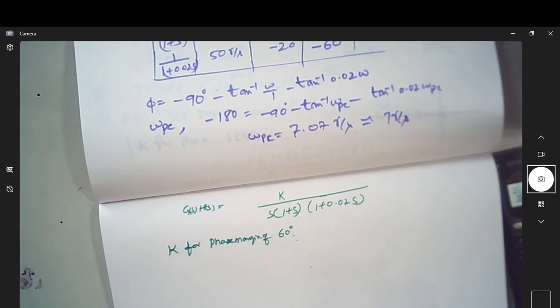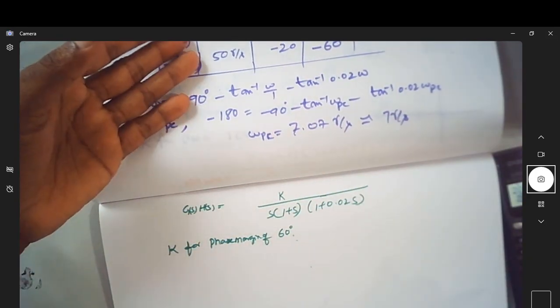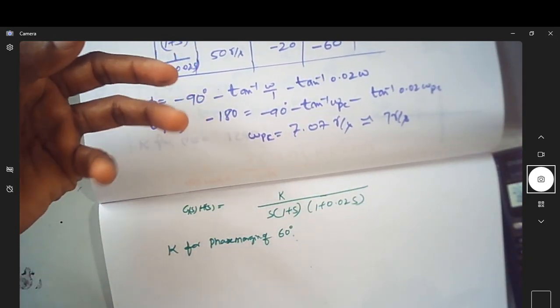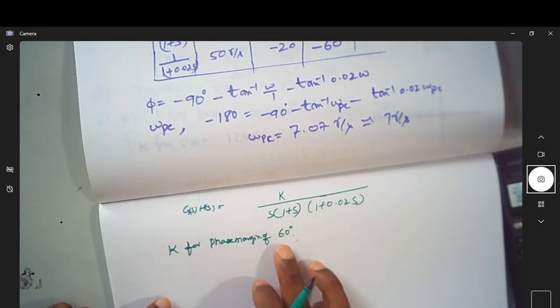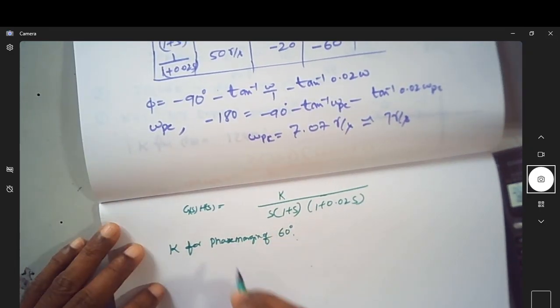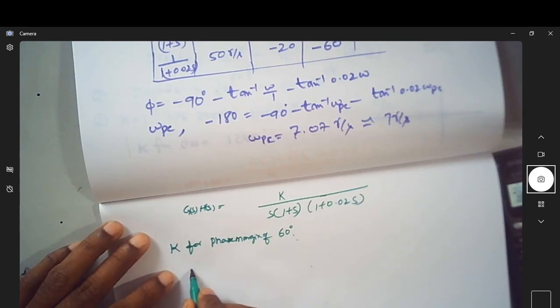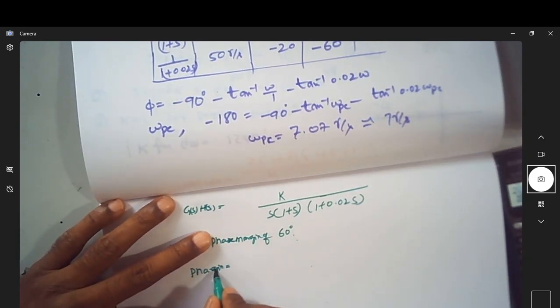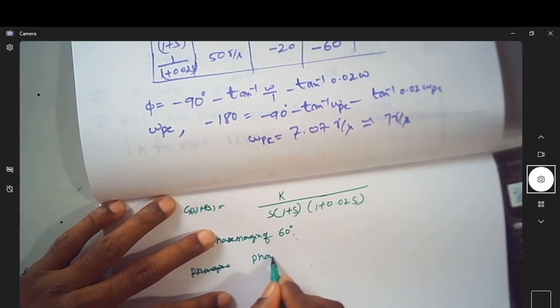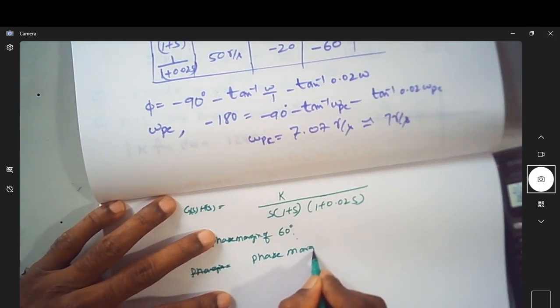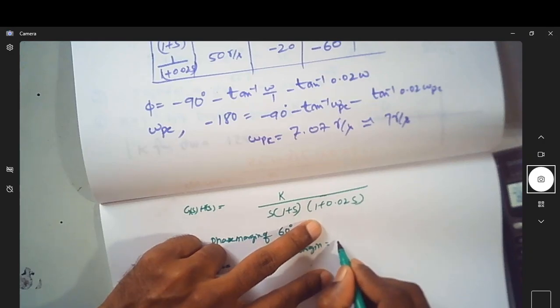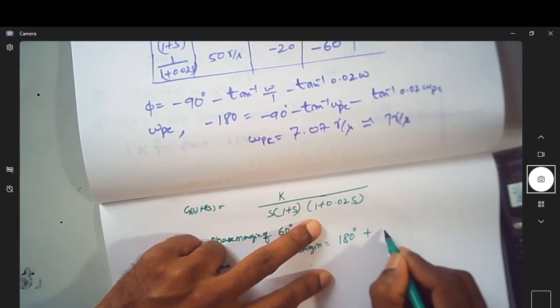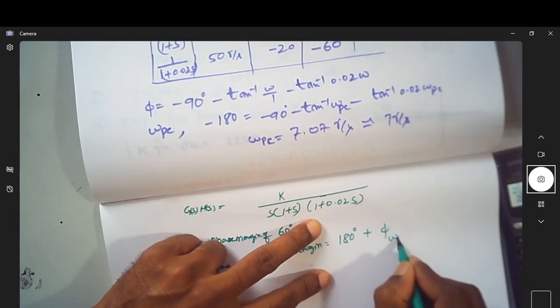Now how do we find this K for a given phase margin? We saw in the previous problem how to find K for a given gain margin. Now the phase margin is given and you are asked to find K. We know that phase margin is given by 180 degrees plus the phase at omega GC.